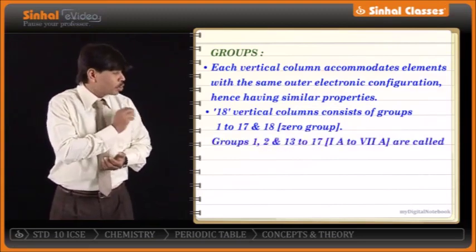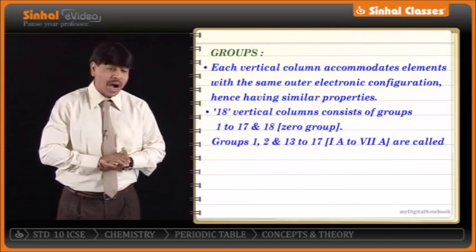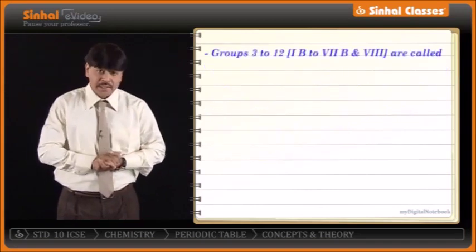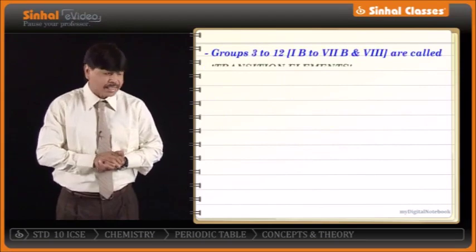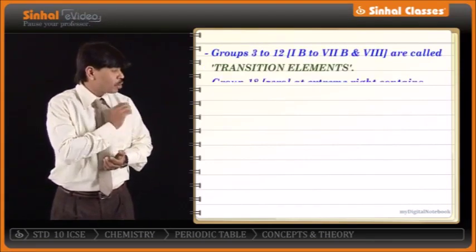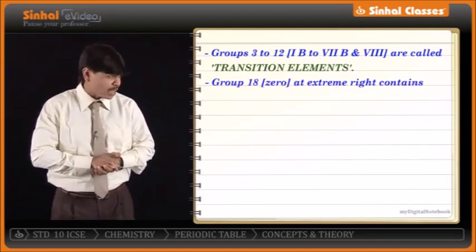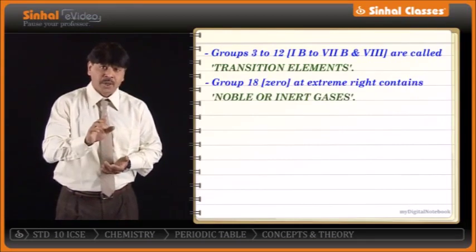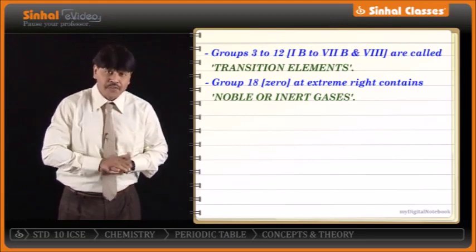Group 1 and 2 and 13 to 17, 1A to 7A, are called normal elements, whereas group 3 to 12, that includes 1B to 7B and 8, are known as transition elements, whereas group 18, 0, at the extreme of the periodic table, was known as noble or inert gases because the outermost shell, that is orbits, were completely filled.